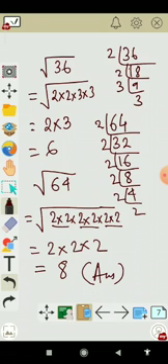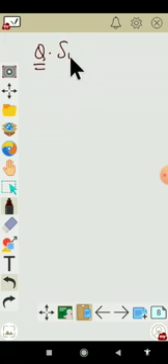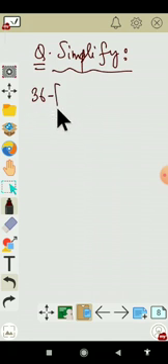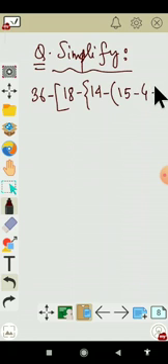Now let us do some more simplification from the test paper. Suppose the question given is to simplify 36 minus 18 minus 14, 15 minus 4 divided by 2 cross 2.